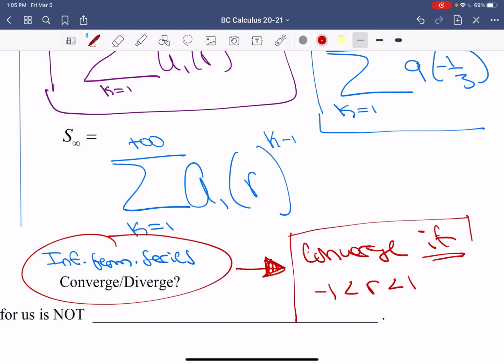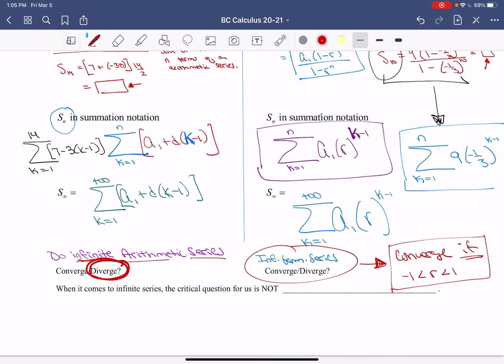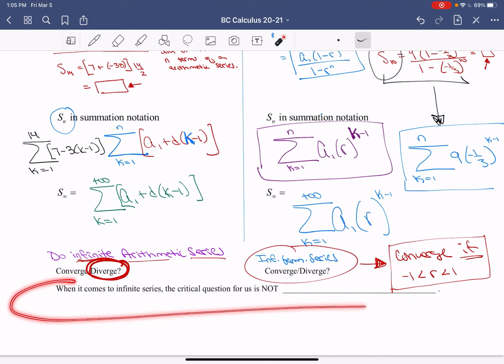If in an infinite geometric series, r is not in this range, then the series will diverge. Okay? I'm going to answer this question when I see you next.